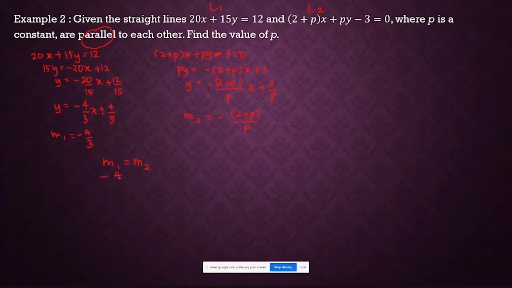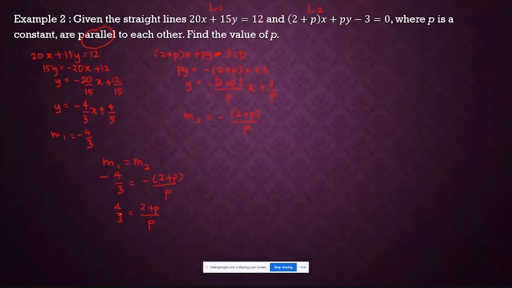So m1 is negative 4 over 3, m2 is negative 2 plus p over p. Both are negative, so it becomes 4 over 3 equal to 2 plus p over p, both positive.